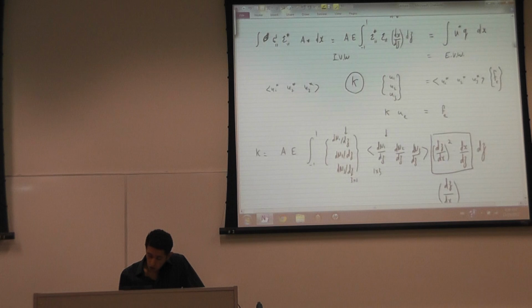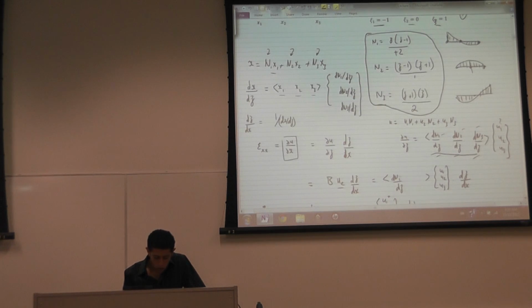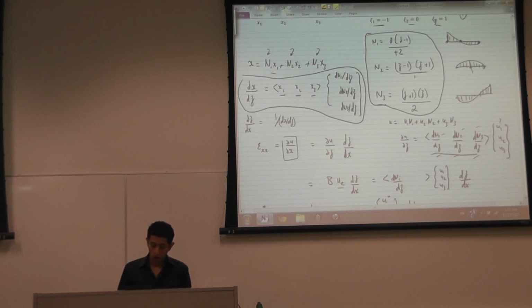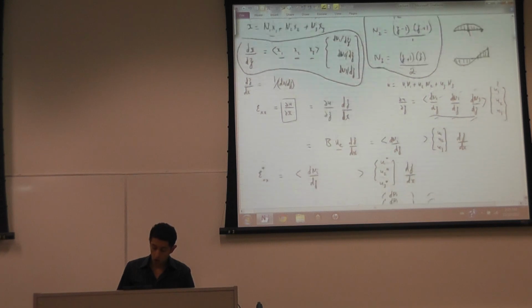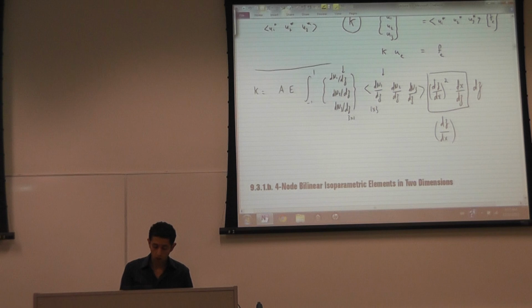This number or function will be equal to 1 over this. And this is where x1, x2, and x3 appear. So when you program this element, I don't need to know anything other than this equation.